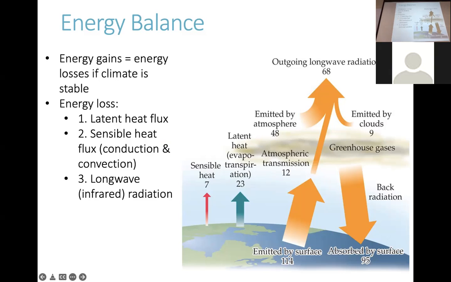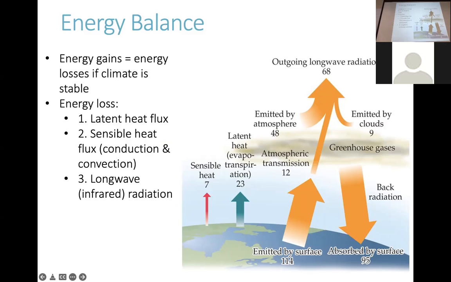And then we have the more complicated side of things, the long wave or infrared radiation. This is something we don't see, and we probably don't think about latent or sensible heat flux either. But the long wave radiation is the more complicated piece of the equation. So some of it is lost and some of it is re-radiated back down. When you think about radiation, it's just energy.